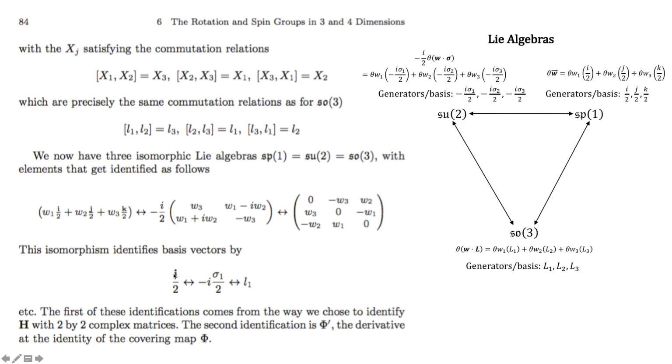This first one being the SP1 Lie algebra, the second one being the SU2 Lie algebra, and the third one being the SO3 Lie algebra. Hence, we have completed our diagram for the Lie algebras.